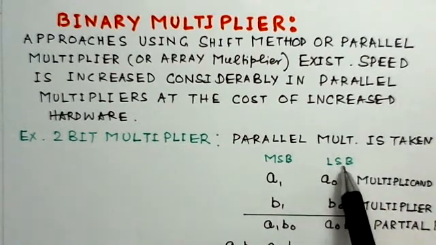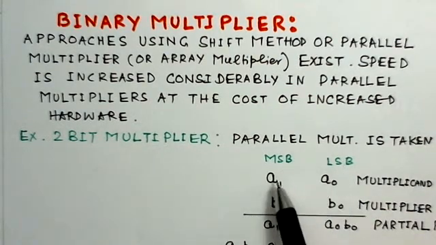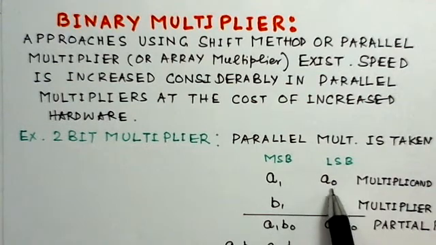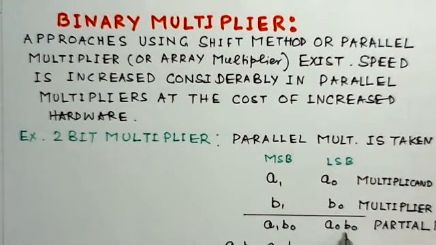As an example, this is LSB, this is MSB, a 2-bit by 2-bit multiplication. So A0 A1, B0 B1, this is the multiplicand and multiplier, and B0 gives the corresponding partial product. These are the A's. Multiply B0 A0 and B0 A1, A1 B0. Similarly you can make the second partial product and add them together. These are the outputs O0, O1, O2, O3.